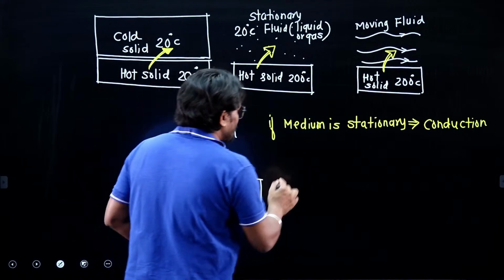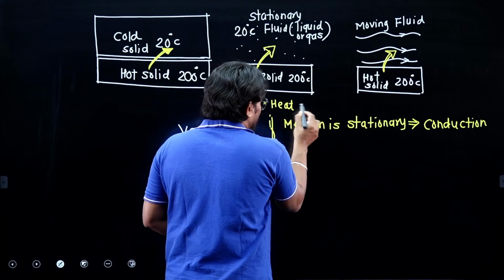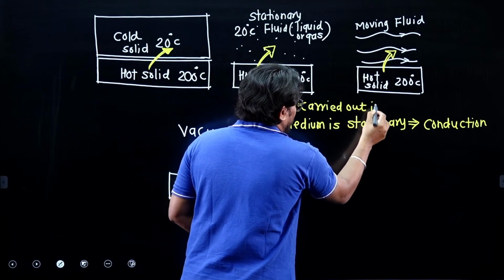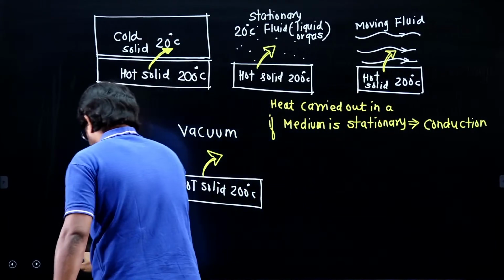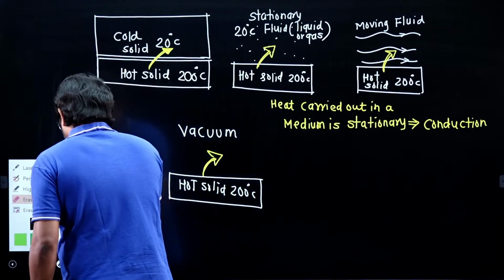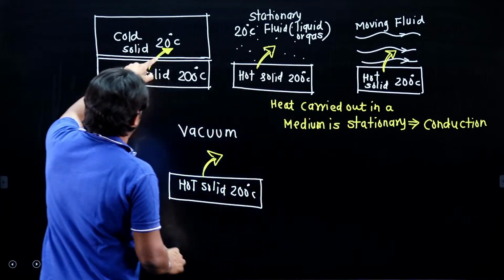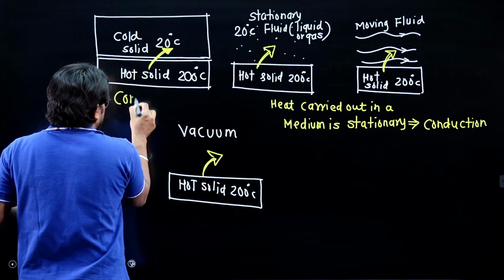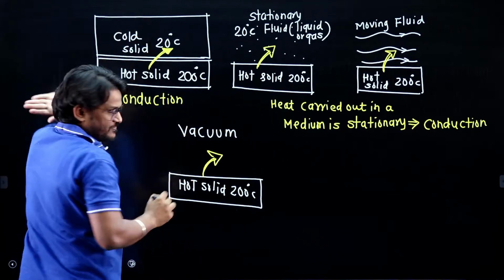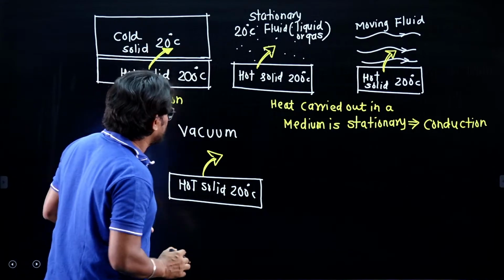So please listen, if heat is carried out in a stationary medium, this is the conduction case. Whenever the medium is stationary, heat transfer in a stationary medium is called conduction.